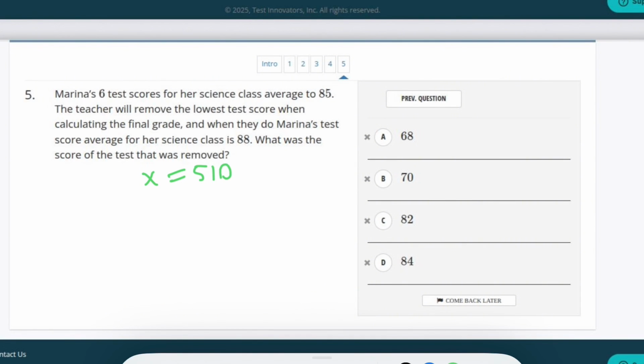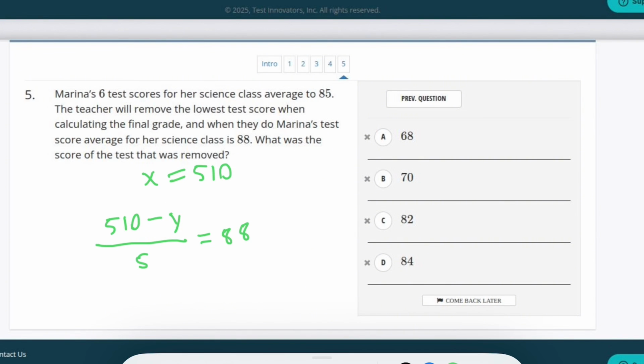The teacher will remove the lowest test score when calculating the final grade, and when they do, Marina's test score average for a science class is 88. That means if you take this number, 510, then remove a certain number, so 510 minus, let's say, y, divided by, now we only have 5 test scores because 1 is removed, so divided by 5 is 88. So this is a very simple algebraic question.